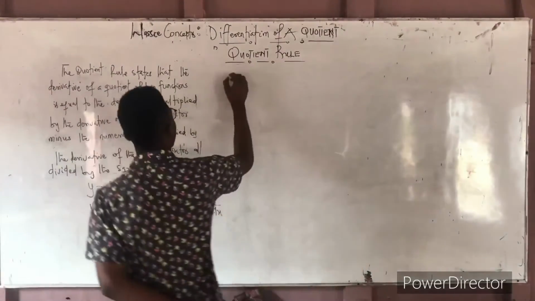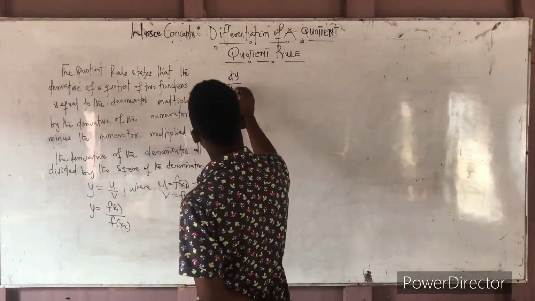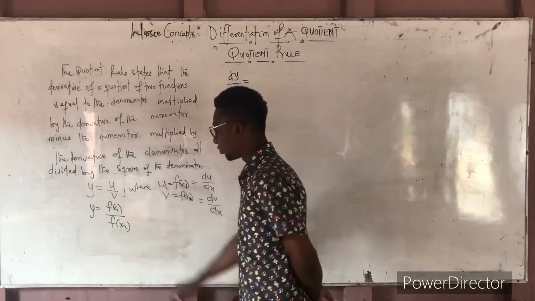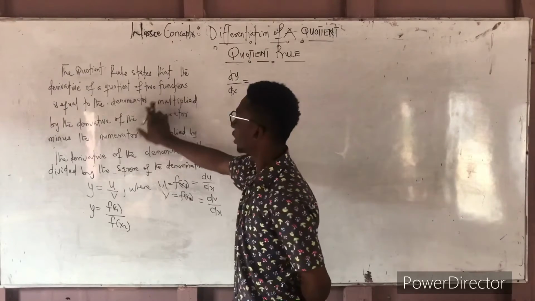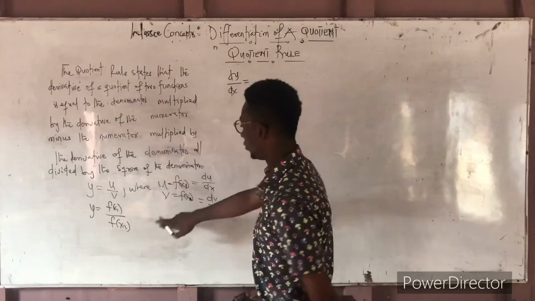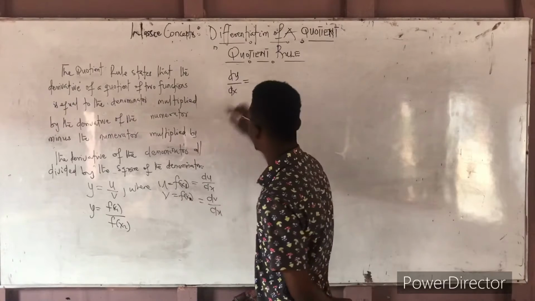Then the derivative of y with respect to x of this particular function is very simple. The denominator is v, which is f of x2.